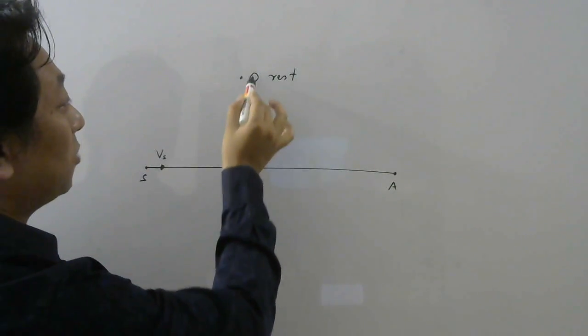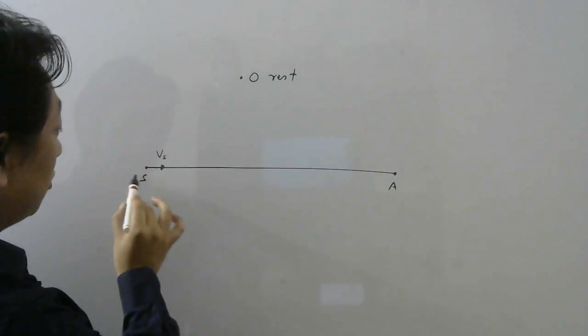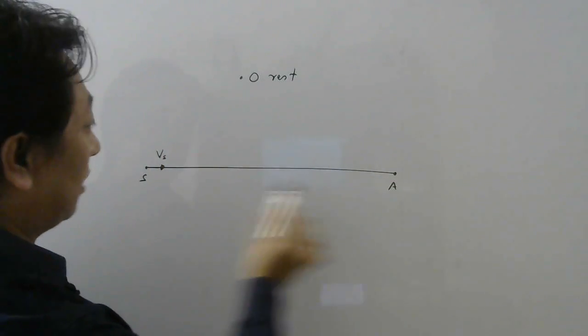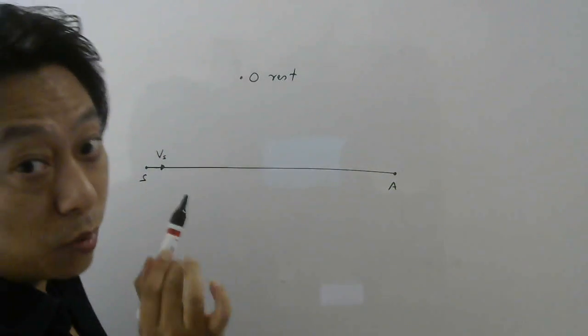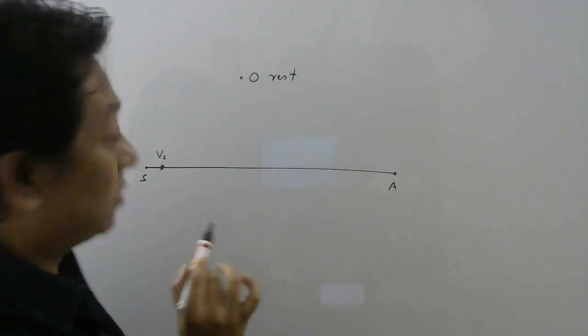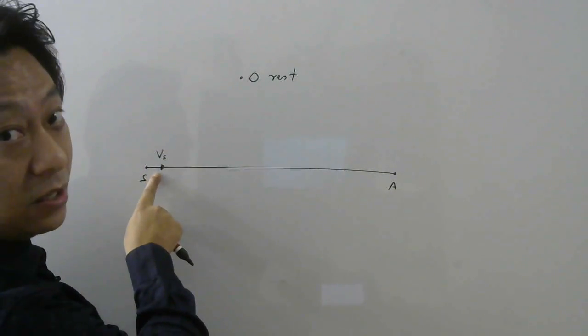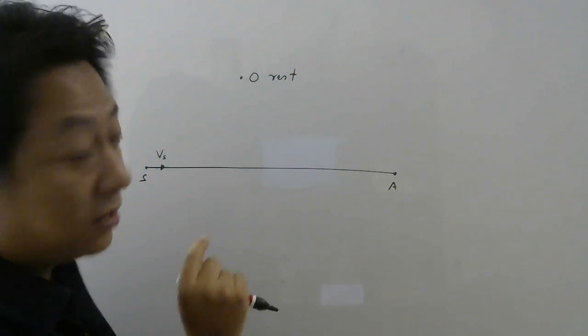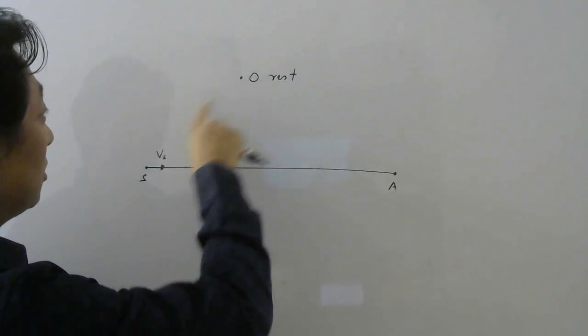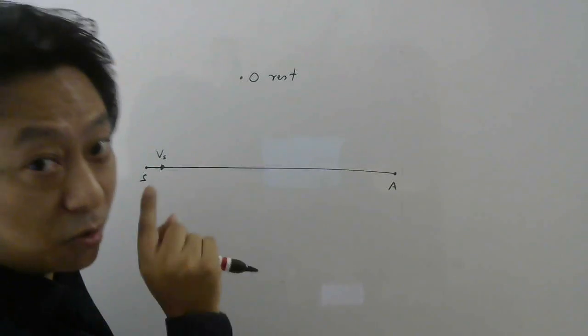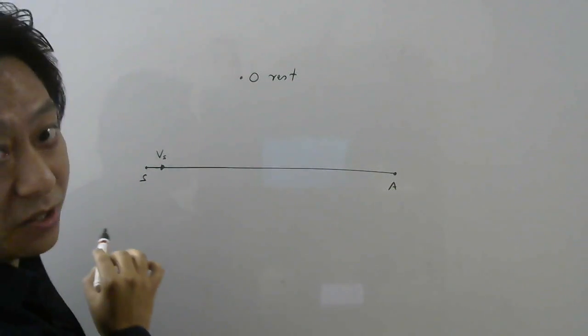Here is the observer which is at rest and source is moving along this path SA with velocity Vs. We have to find the apparent frequency heard by the observer when the source velocity makes an angle of 90 degree with this line joining the source and observer. So clearly this is not that position, right?